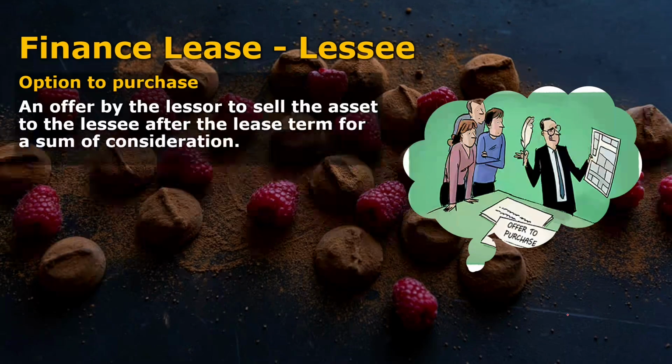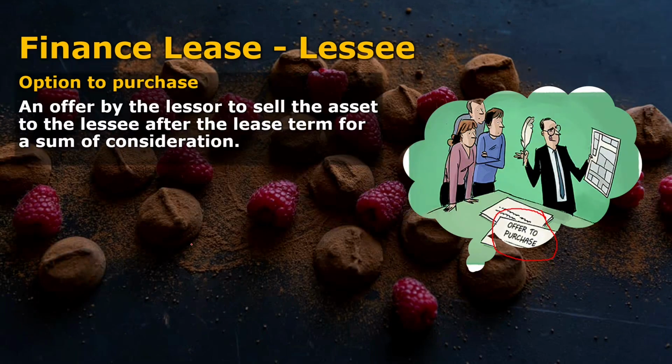If you like the property and want it to be yours, buy it from me for this amount of option price that I am offering you right now. So, the lessor gives you an offer to purchase by the end of the lease term. It's still up to the lessee if he is going to buy or not, but that option stands.